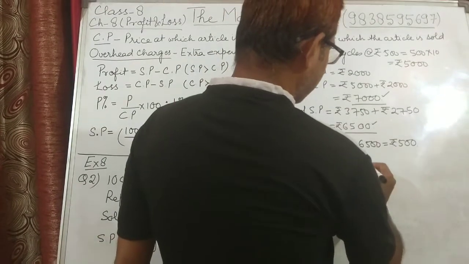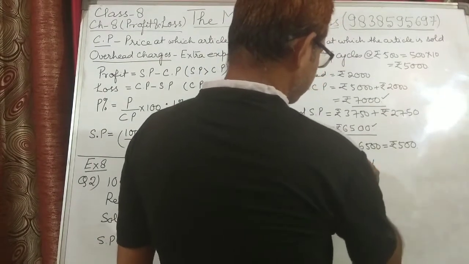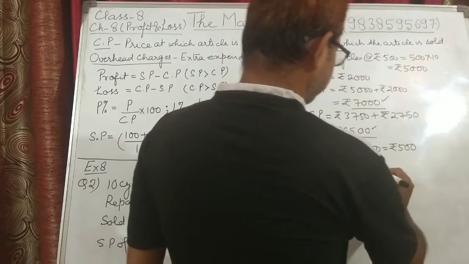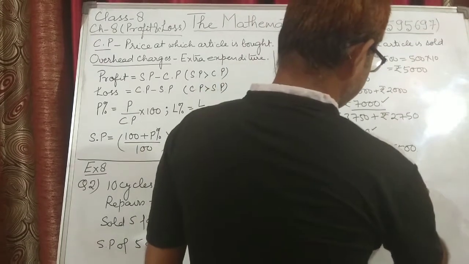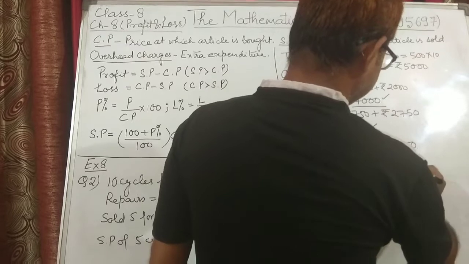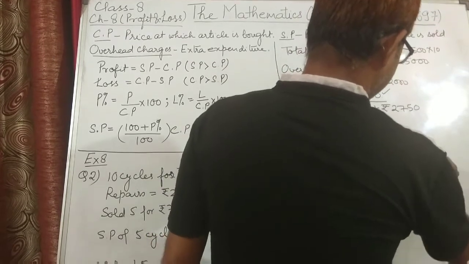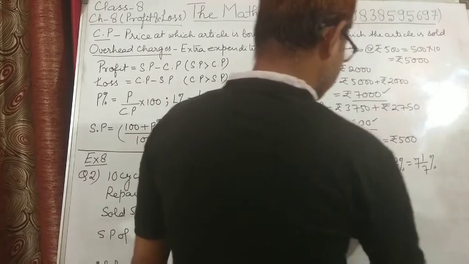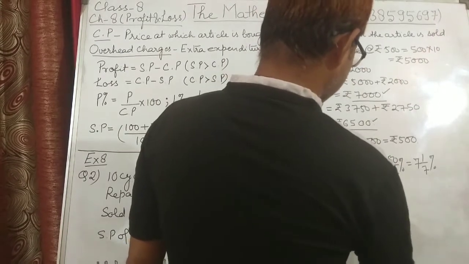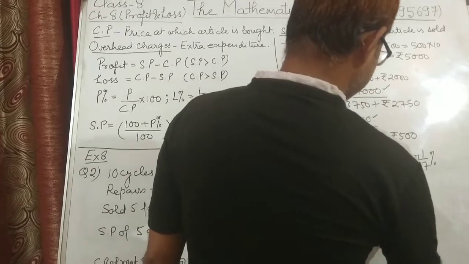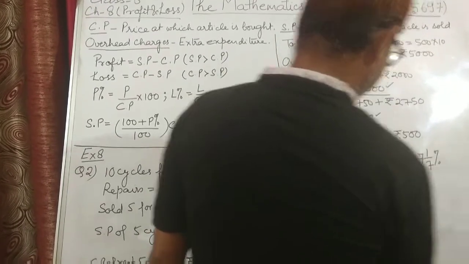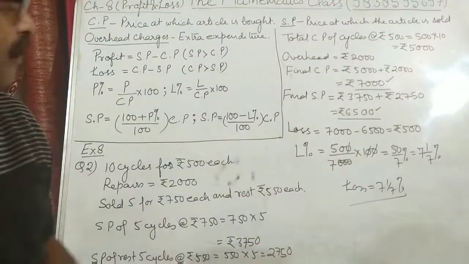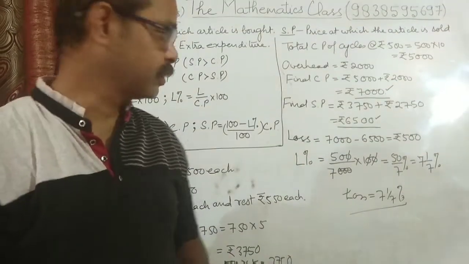7,000 into 100, 3 zeros cancelled, 50 upon 7%, or you can say 7 7s are 49 and 1 upon 7% is the loss. So final value is loss, that is how much? 7 whole 1 upon 7% is the loss that he has to suffer.